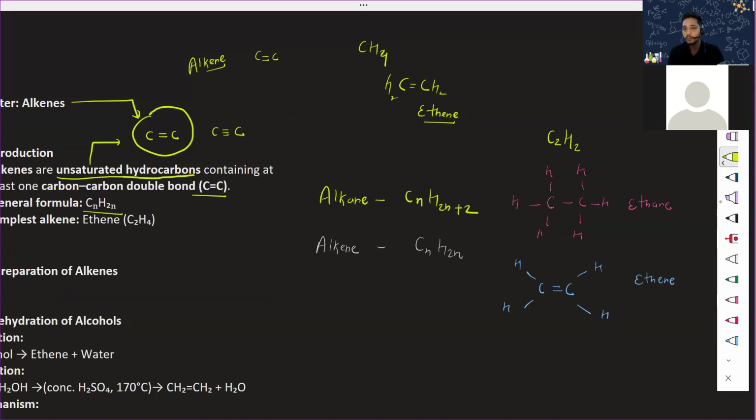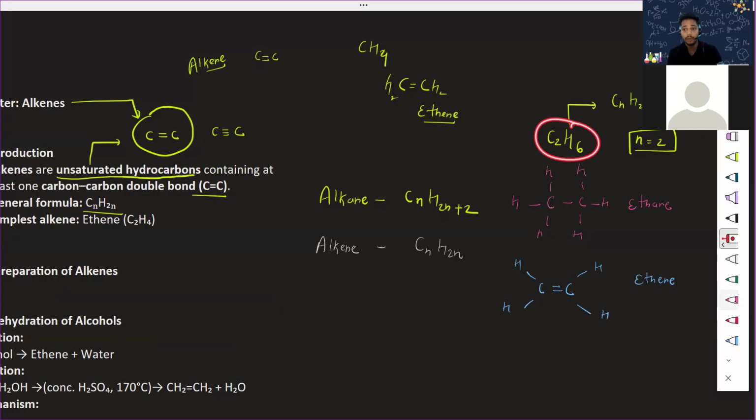We want 2n, right? But can you tell me how many hydrogens are there? One, two, three, four, five, six. Total six are there. So it has the formula CnH2n+2. If n is equal to 2, if you calculate that, you will get this formula.